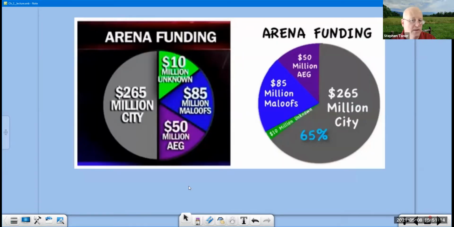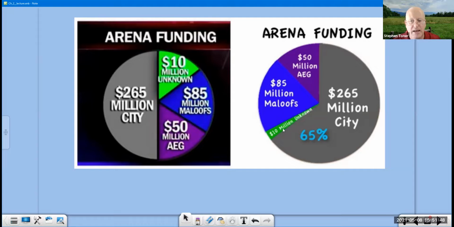Here is a chart that was found online, the same data 2 different ways. The one at the left looks really nice. It's easy to read, but notice that the green slice for 10 million is about the same size as the blue slice for 85 million. Now, we can't just change the size of the pie slices. Over here at the right, you can see how small the 10 million slice is in comparison with the 85 million blue slice.